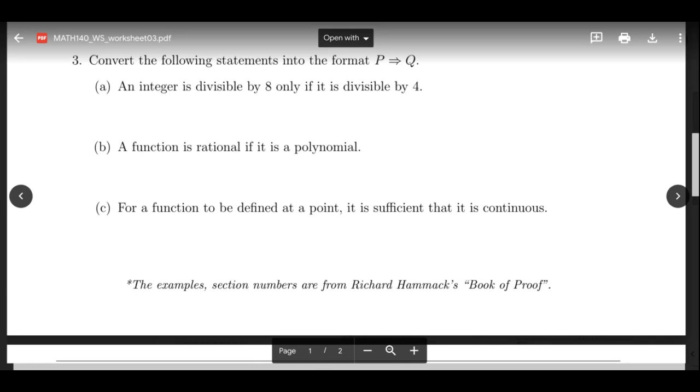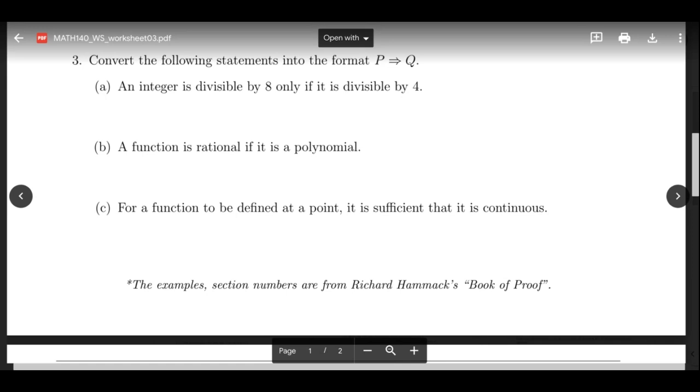P implies Q, right? We just have to write it. Adam is asking how we would write the answer? So we would write P, just like writing in the chat.